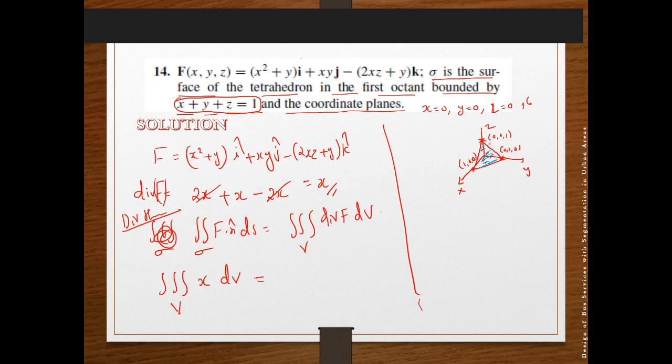This is the surface x plus y plus z equal to 1, or we can write z equal to 1 minus x minus y, and it is bounded. Now we want to integrate it. So what is the limit of z? First we will write the limits of z. From where to where does z range?